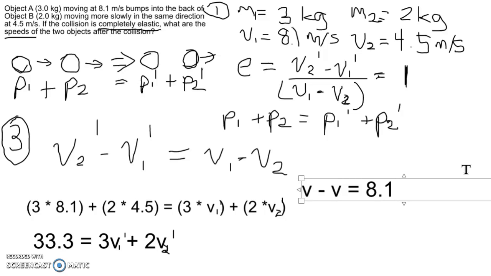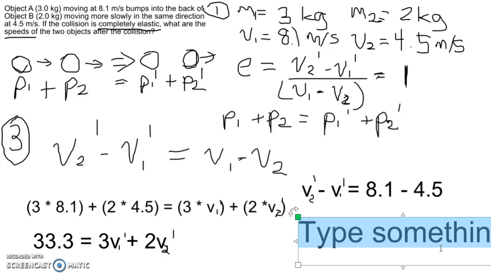So 8.1, all I'm doing is plugging in the values for this. I'll draw in the primes in a second. Minus 4.5, I'm looking at the data up here. And so we're saying here V2 prime minus V1 prime equals V1 minus V2. So let's solve for, what did I solve? I solved for V2. You can solve for V1, but I solved for V2.